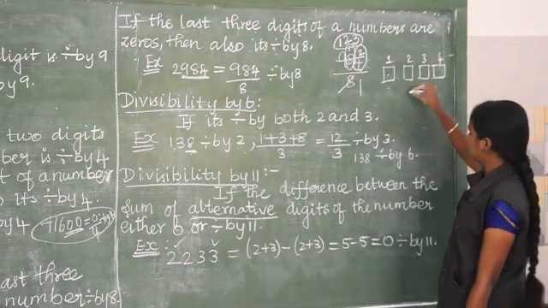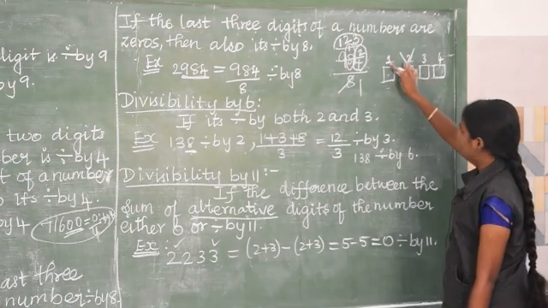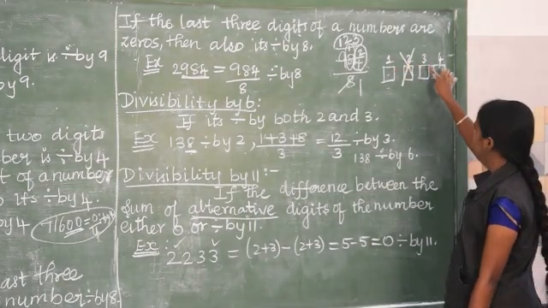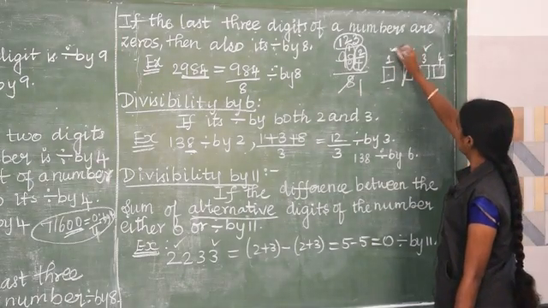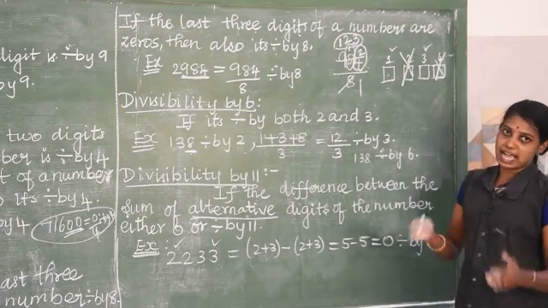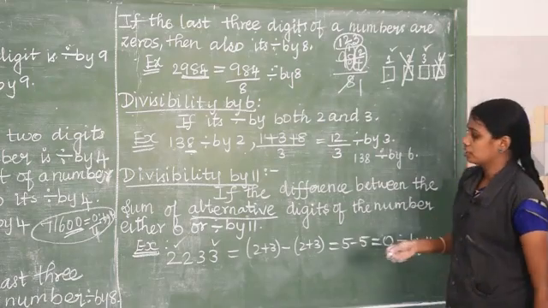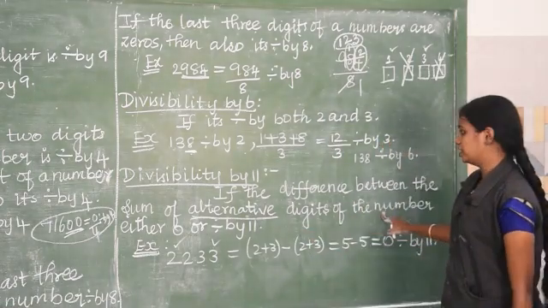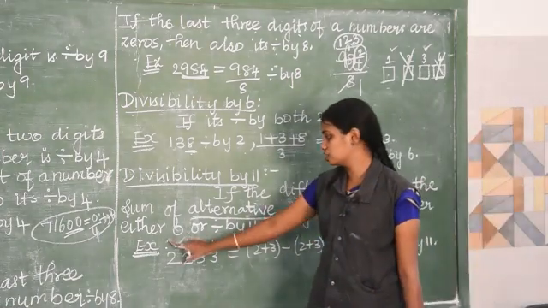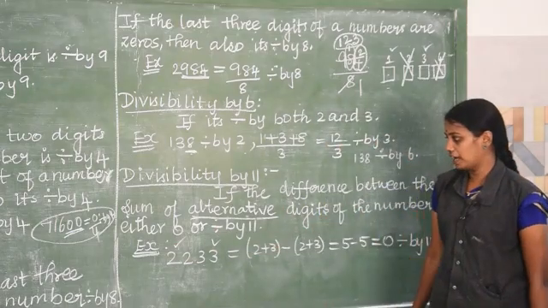Alternate means leaving 1: 1, 2 you leave, 3 you can sit, 4 you will leave. So alternate means leaving one and going to the other.